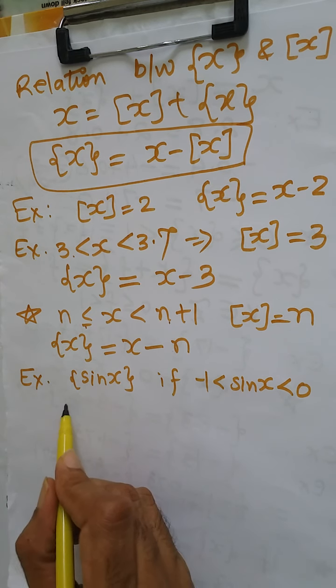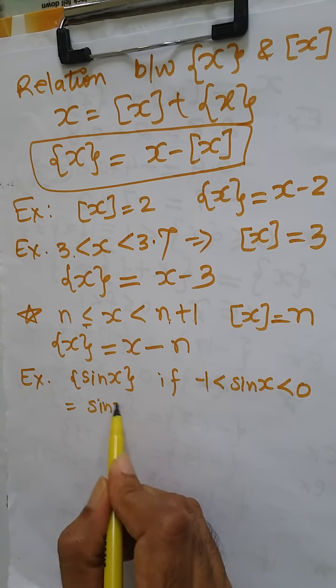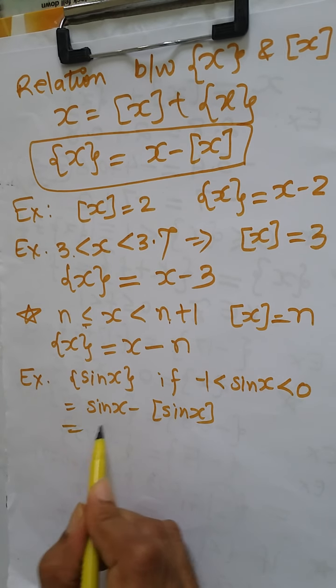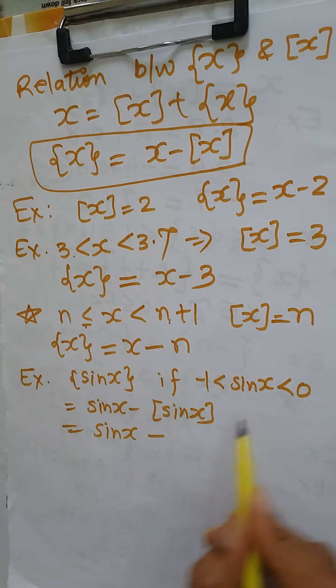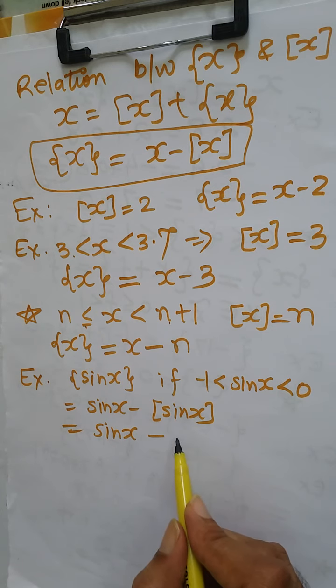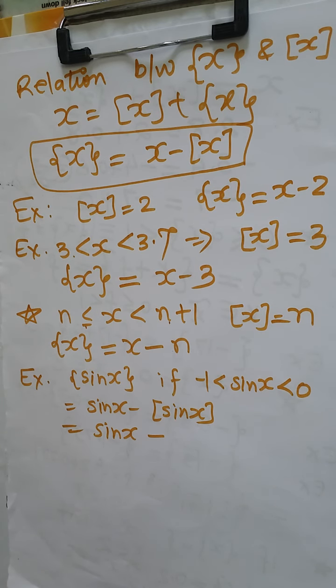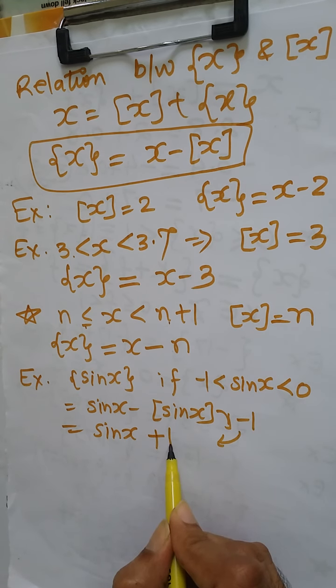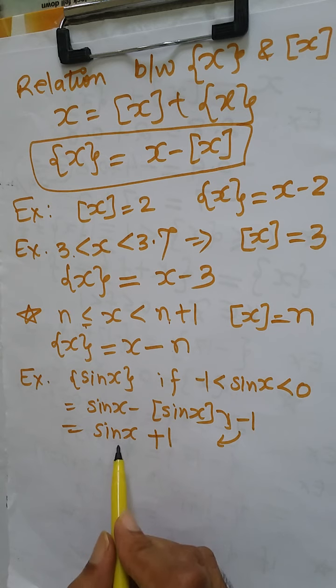So yes, fractional of sin x is sin x minus greatest integer of sin x. Now we know that the greatest integer of sin x, when sin x is between minus 1 to 0, is equal to minus 1, which when we substitute becomes plus 1. So the fractional part of sin x is defined as sin x plus 1.